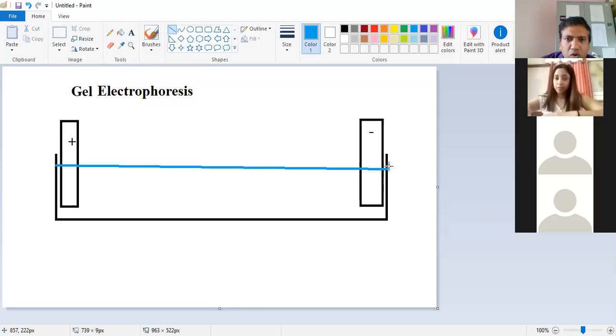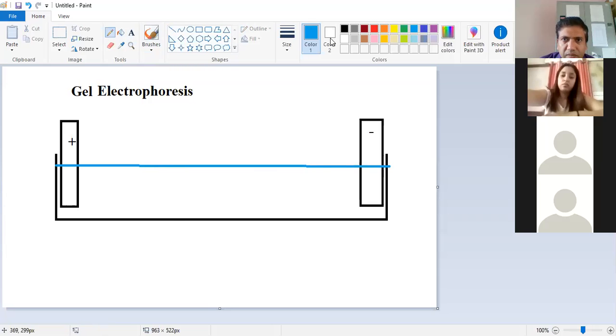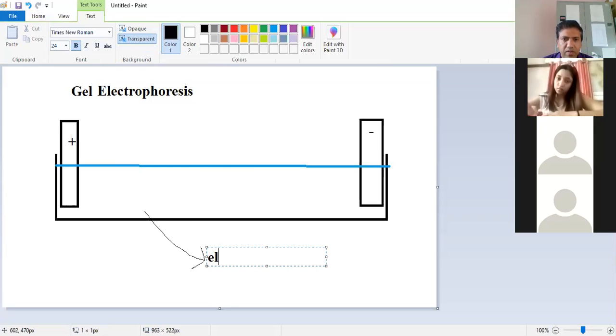Now these two electrodes are submerged in an electrolyte solution. I would call it an electrolyte solution, or simply an electrolyte.